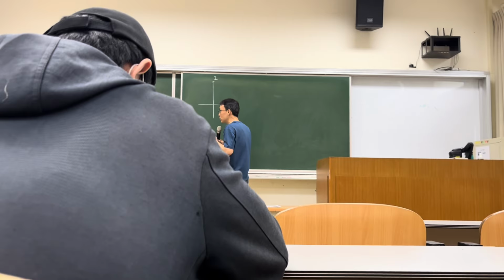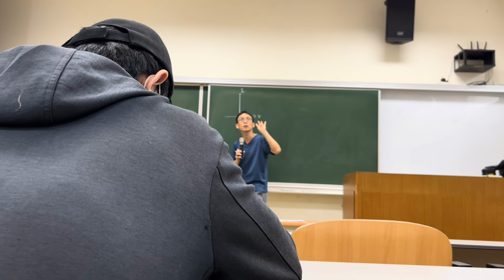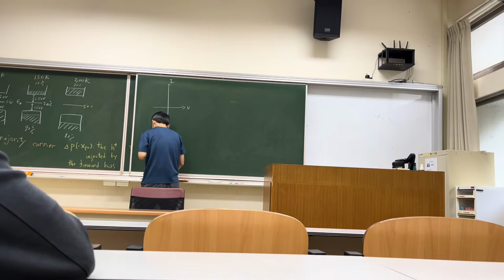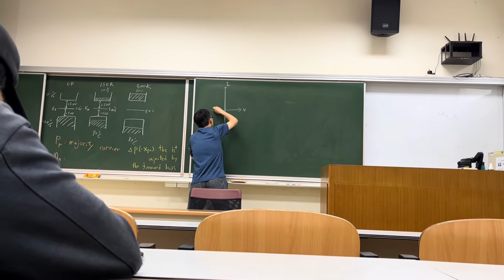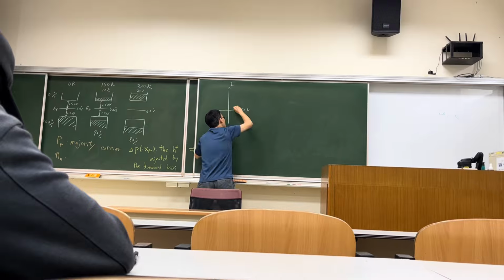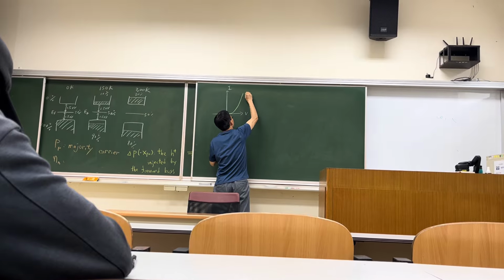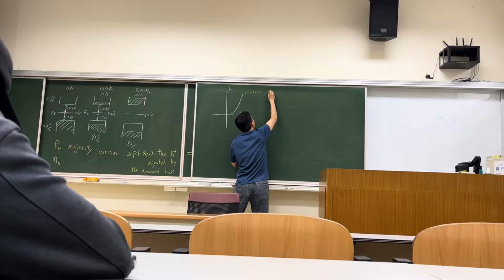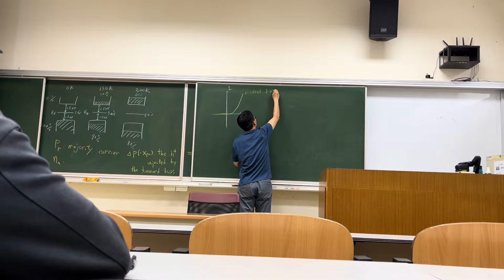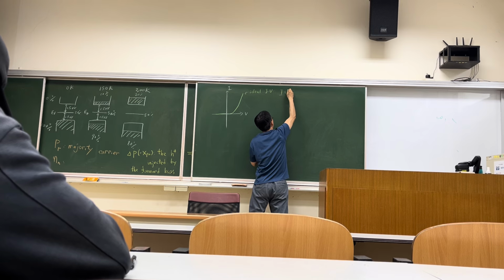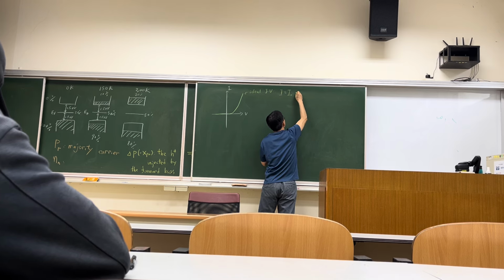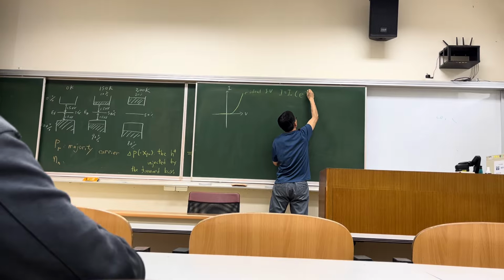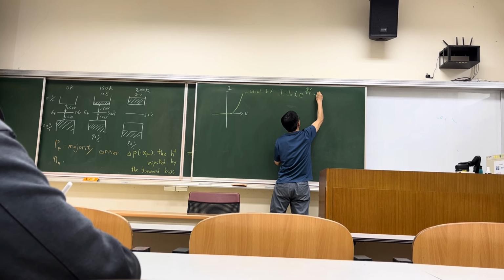Okay? Ideal situation, which means you have the assumptions not broken. Okay? Ideally, your IV curve is the green line. That's the ideal IV curve. Ideal IV. Okay? I equals to I0 times exponential term qV/kT minus 1.